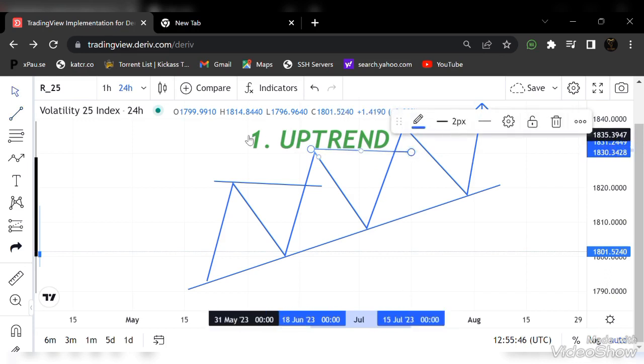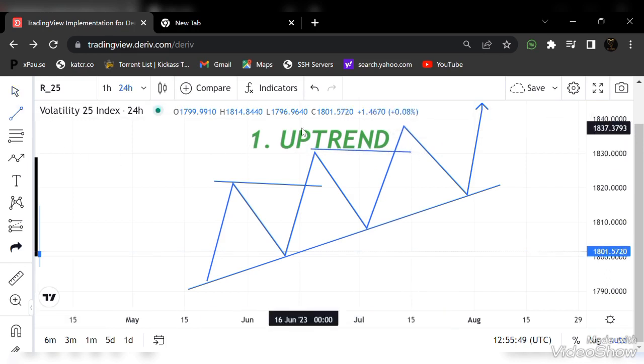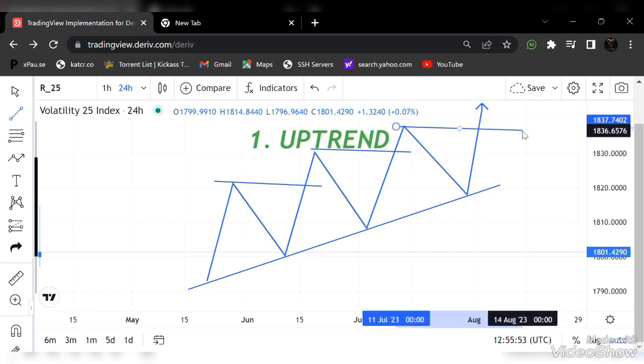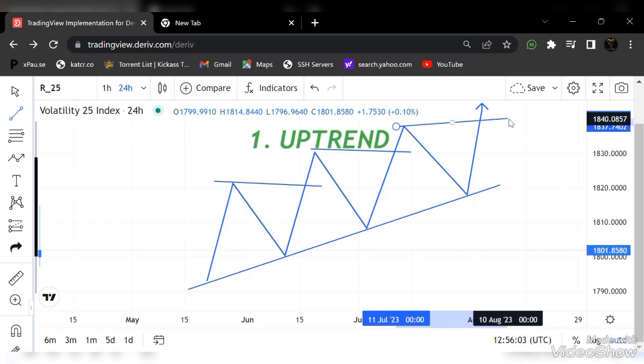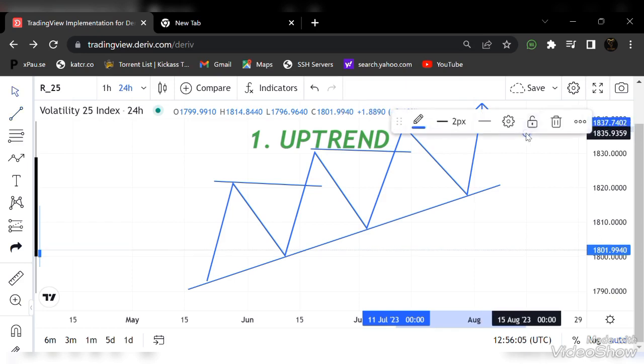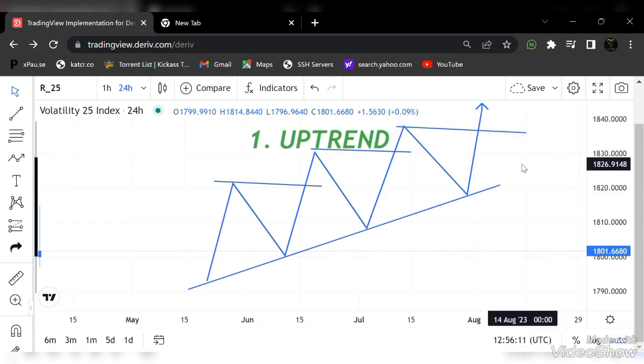This shows that the market is still bullish. So as long as price is creating higher highs and higher lows, we are in an uptrend.